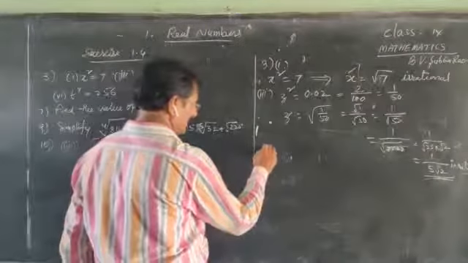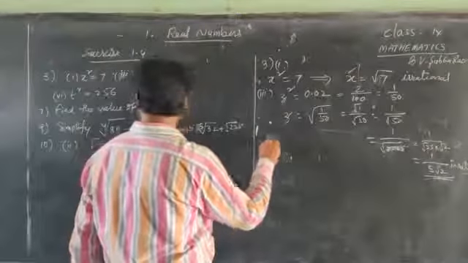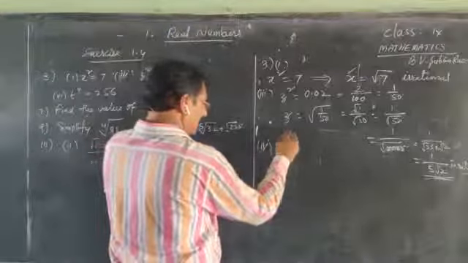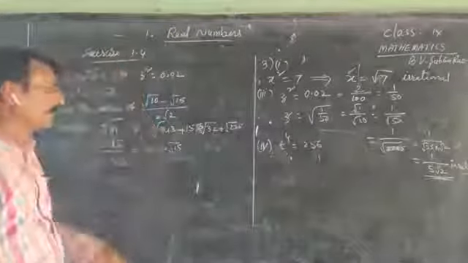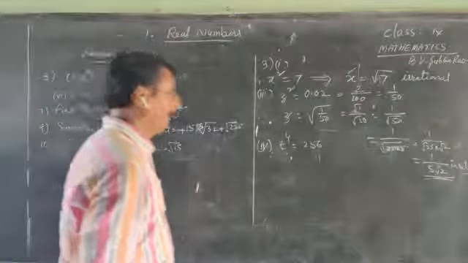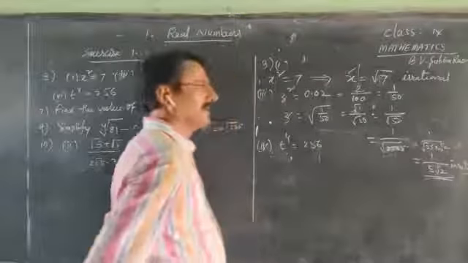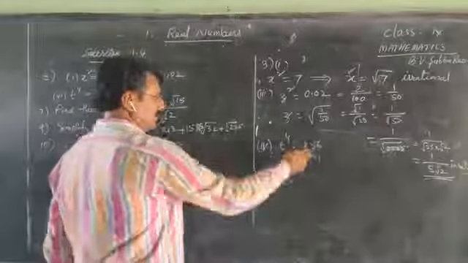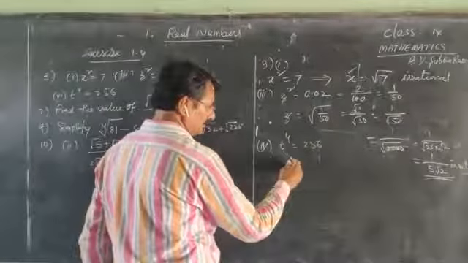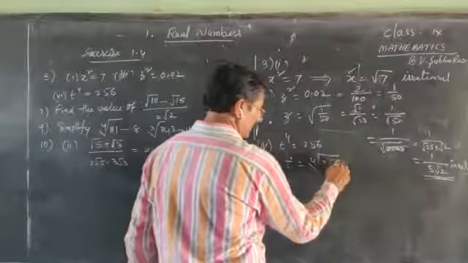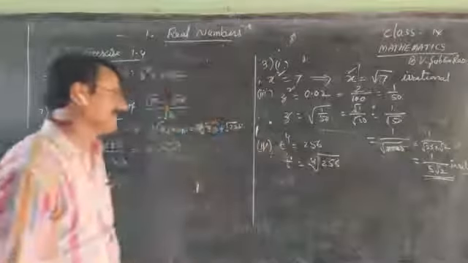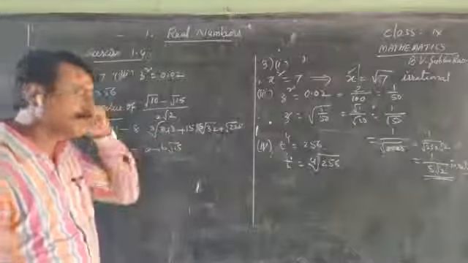256. It is the fourth one. t to the power of 4 equal to 256. The exponent is 4, so we can write t equal to the fourth root of 256.